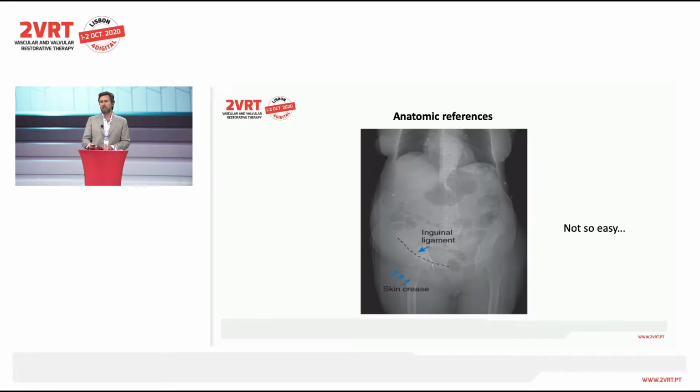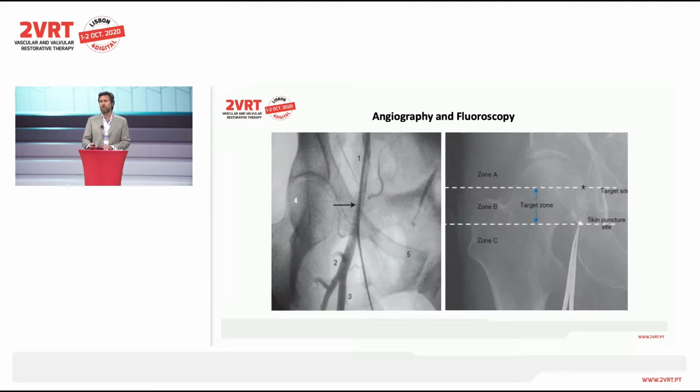So these are anatomical landmarks. But it's not so easy if you have a large, obese patient with lots of different landmarks.